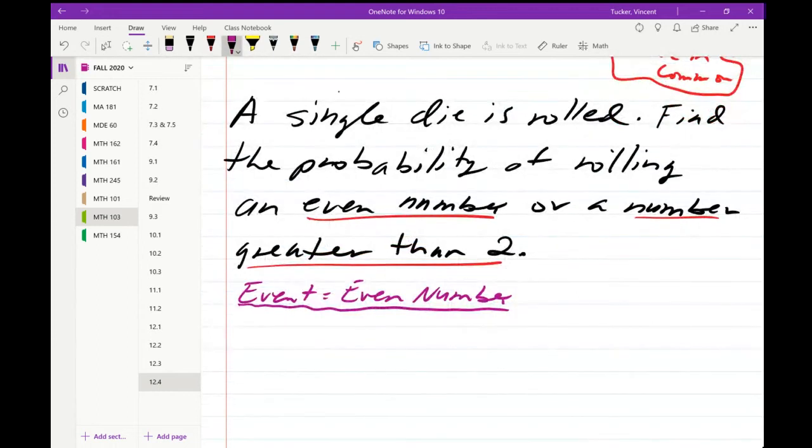All right, so the sample space here is a single die. So the number of possible outcomes is 6, 1 through 6. The number of even numbers, let's do it like this.